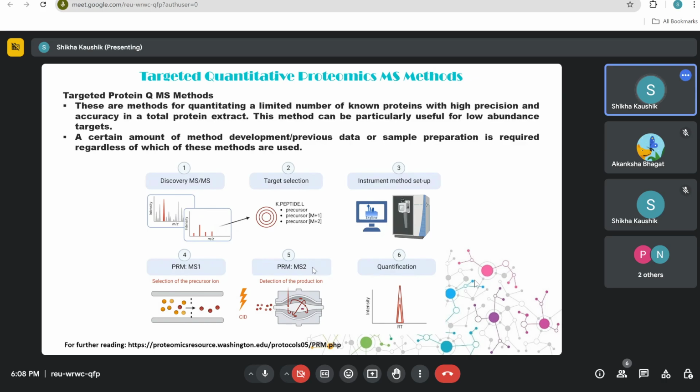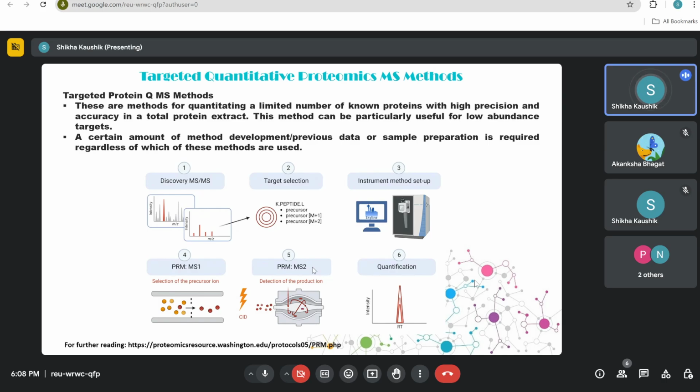In targeted proteomics, you specifically target your known proteins, a set number of proteins on which you want details in terms of precision as well as accuracy. You want to check the expression of these proteins only in targeted quantitative proteomics.